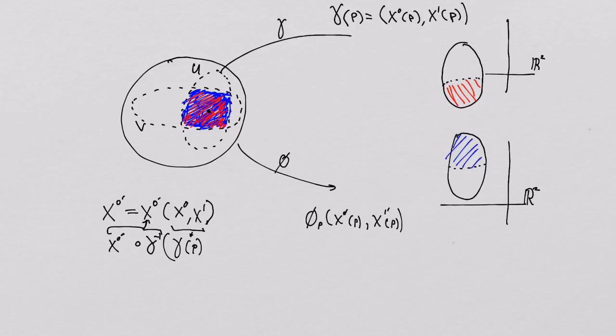And of course it operates on gamma of p, which is the ordered pair x0, x1. So this is the old coordinate, this is the new function, and ultimately this equals a number which we typically redundantly write as just x0 prime.